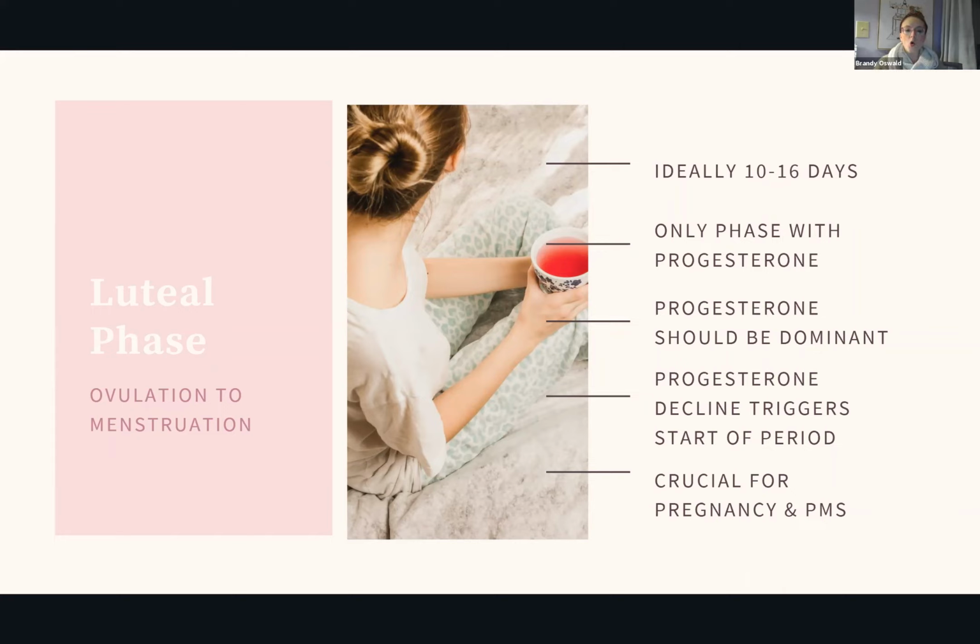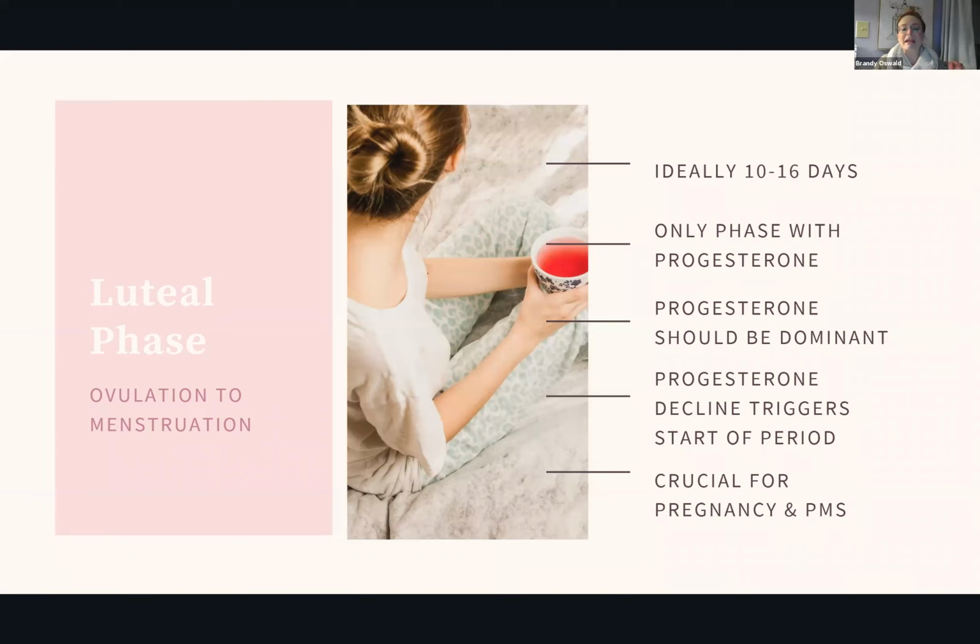This is the only phase of the cycle where we make progesterone. We only make progesterone as a result of ovulation. So this means for folks who've been on a form of birth control that prevents them from ovulating, they're not making progesterone for that entire time they're on that form of birth control.